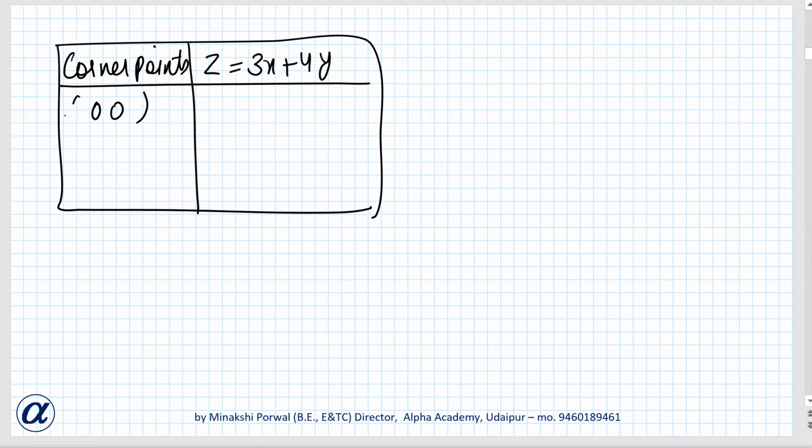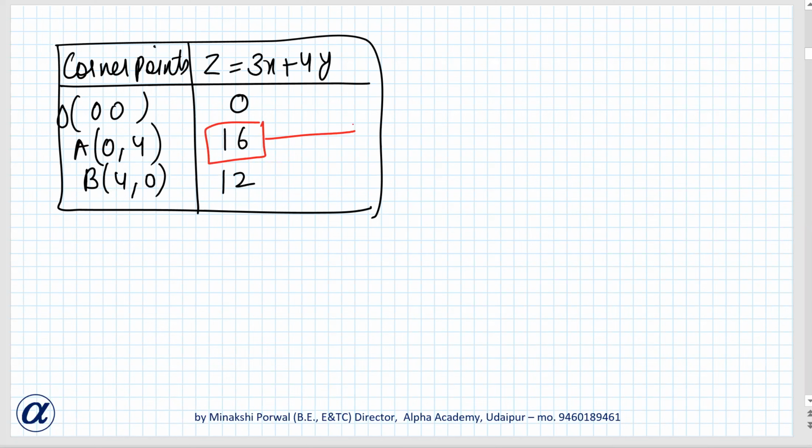O is 0, 0, A is 0, 4, and B is 4, 0. You also have to take care whether you have to maximize or minimize the function. We have to maximize here, so this is the maximum value.